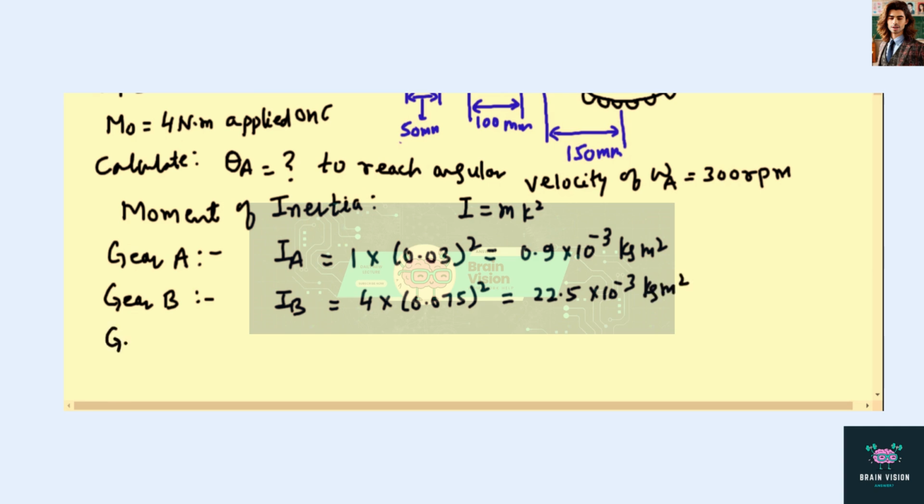Similarly for C, the mass is 9 kg and its radius of gyration is 0.1, so you get 90 into 10 to the power of -3.